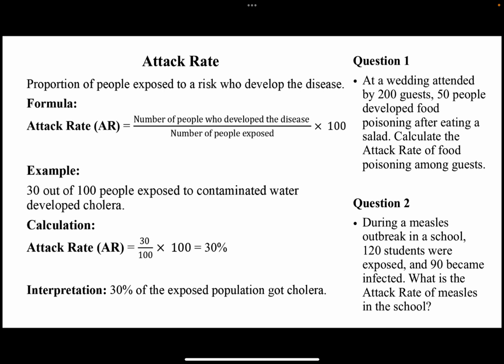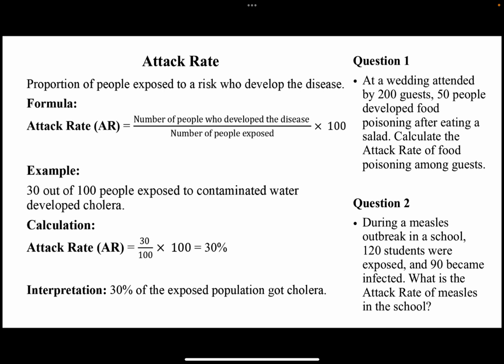So the number of people who developed the disease is 30, and the number of people who were exposed to the contaminated water is 100. So 30 divided by 100, then you multiply by 100. You get 30%. Remember that in calculating attack rate, you always have to express your answer as a percentage.